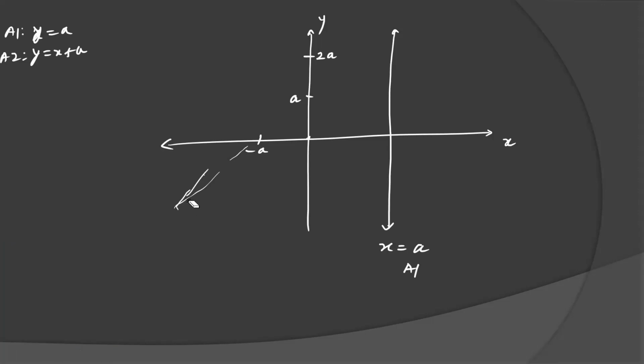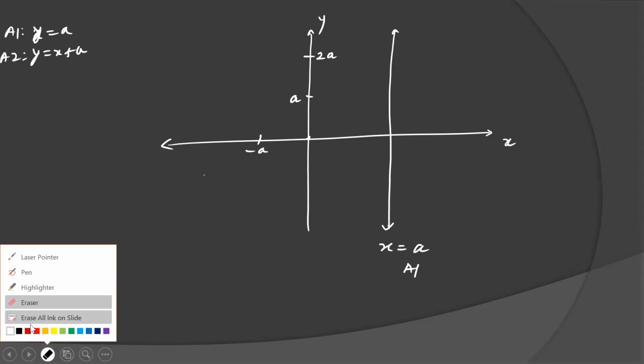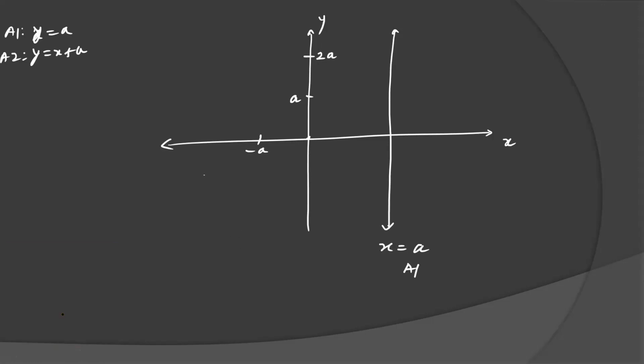Very difficult to draw actually. This is x equal to a line. So this is your second asymptote, and it is intersecting the x equal to a line somewhere.